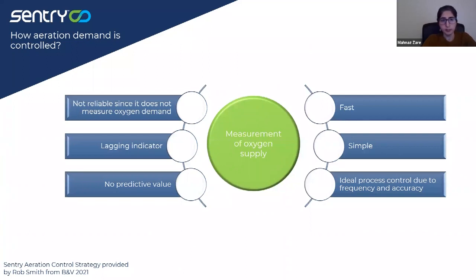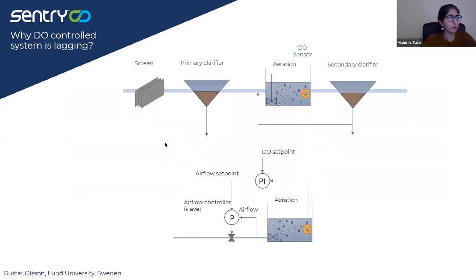But on the negative side, it is not reliable since it does not measure oxygen demand. It is a lagging indicator, and therefore it does not have predictive value, which I'm going to talk about in the next slide.